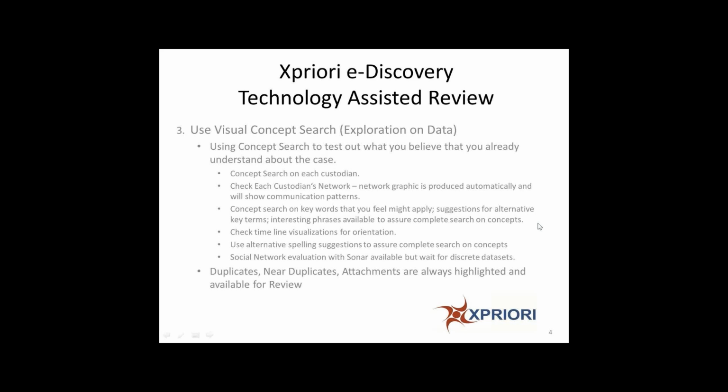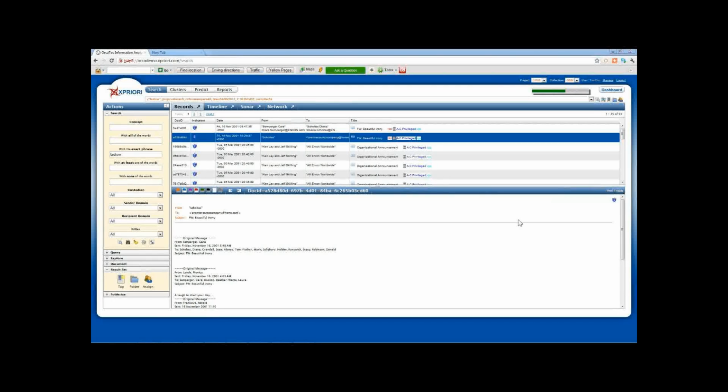We're going to demonstrate that very clearly here in the use of visual concept search. We are now looking again at the user interface for the product. And you'll recall that I inserted the word FASTO into a keyword search box and did the keyword search, and we returned 54 documents.